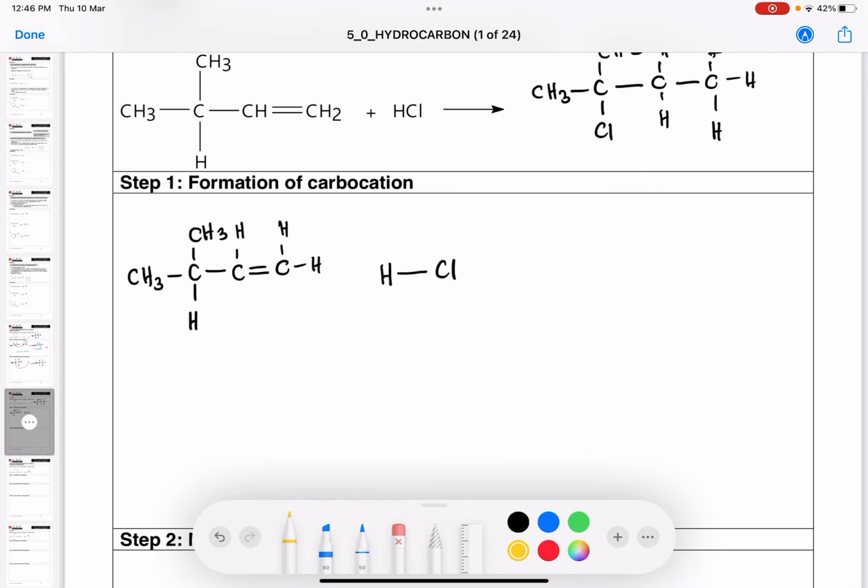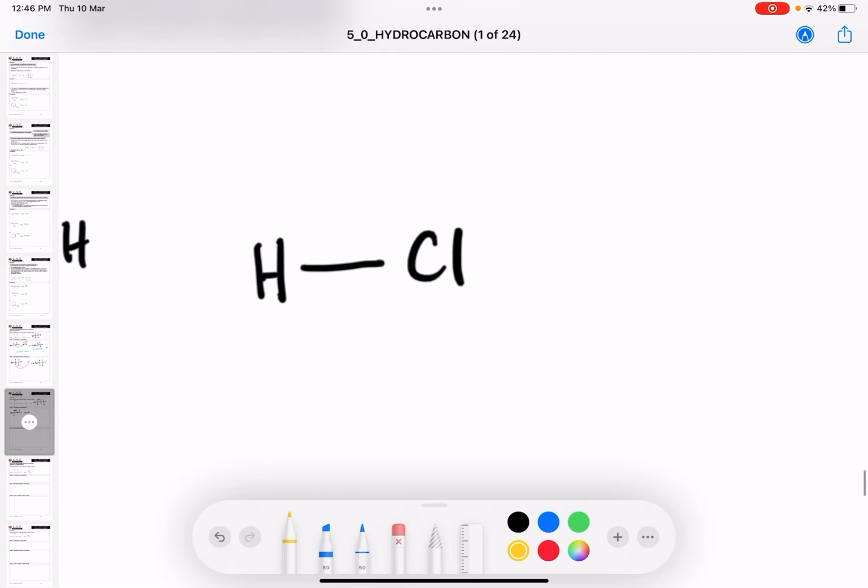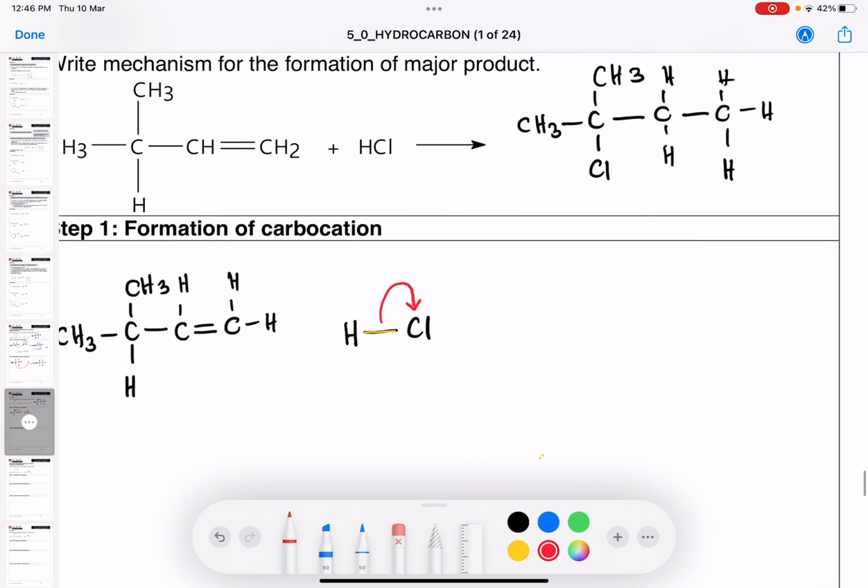Now, rewrite this one back. Like we know again, this bond will undergo heterolytic cleavage, and both of the electrons will be given to chlorine to produce Cl minus.